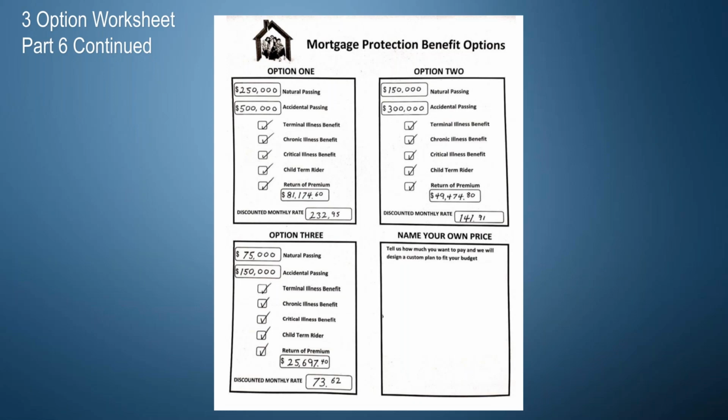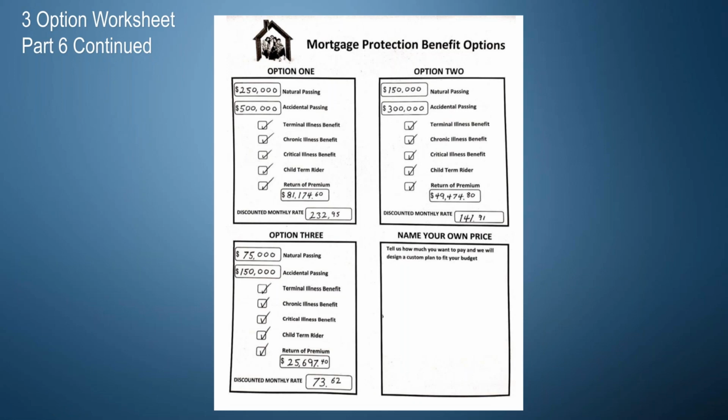So Jimmy, option 1 is that I am just required by the company to show you the maximum benefit allowed under this program. So you are allowed to go all the way up to $250,000. This will cover you for $250,000 of a natural passing. But if you were to pass due to an accident, it's going to pay out $500,000.